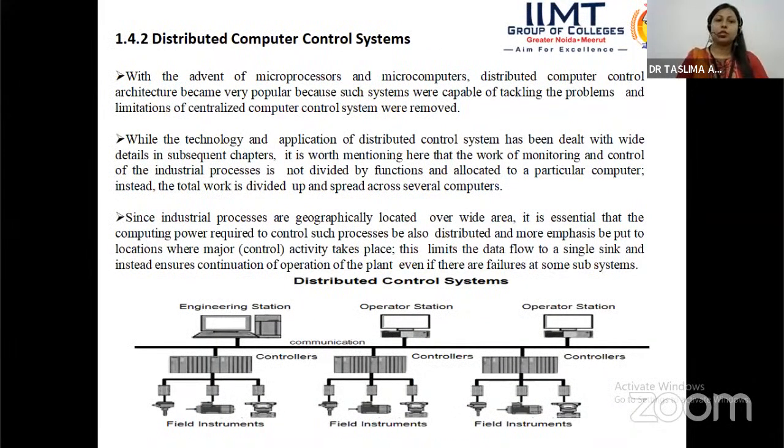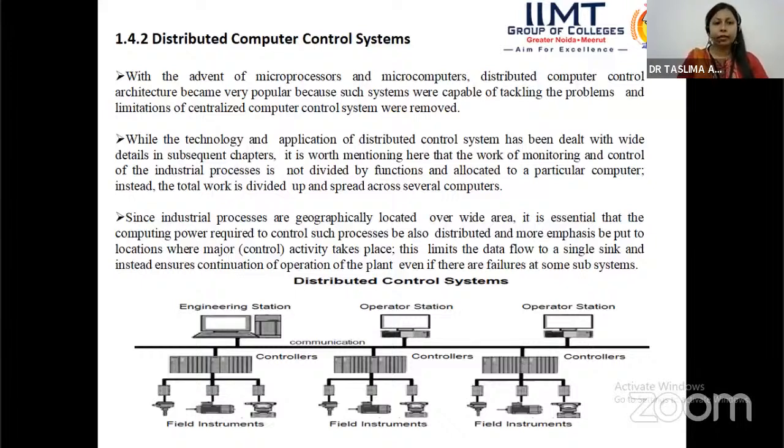Then comes the distributed computer system. The distributed computer system means we divide the functions of a system among different computers, and by that we can control each function properly. Because in a centralized system, if the central computer has any problem and may be damaged, then the whole system has to be shut down.